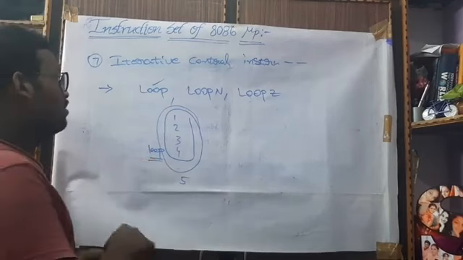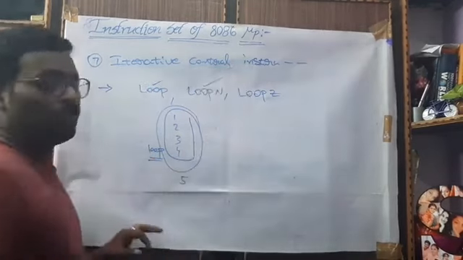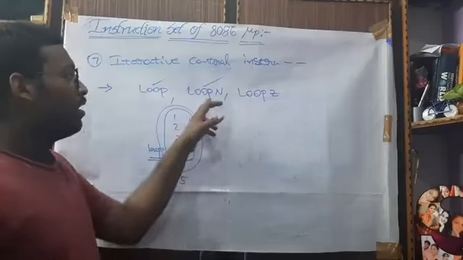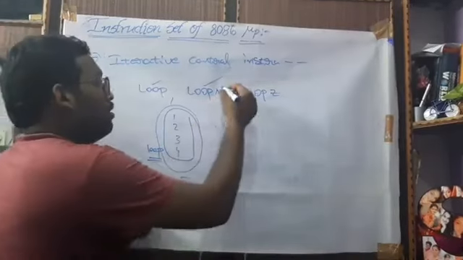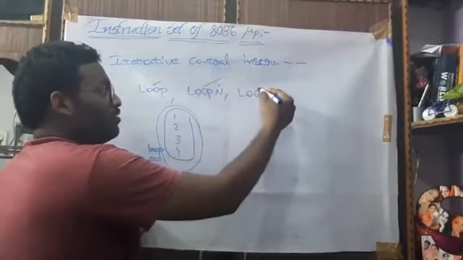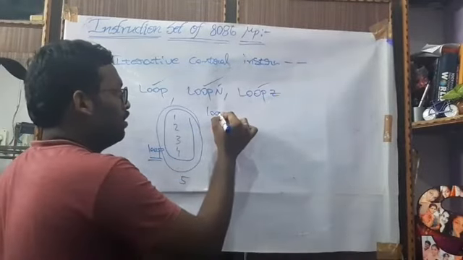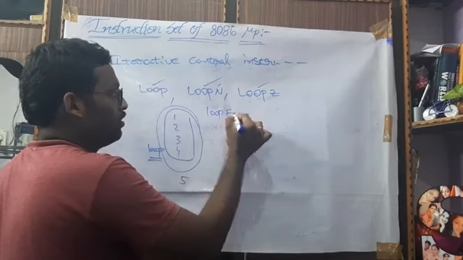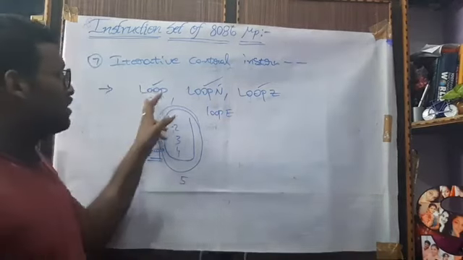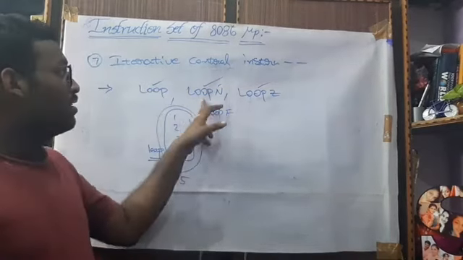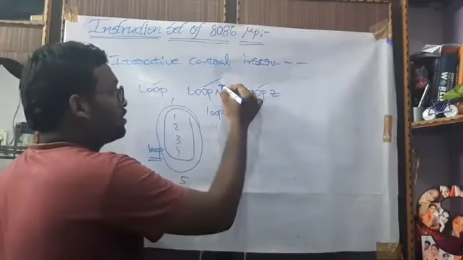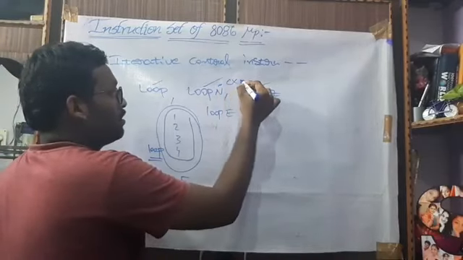Okay, there are also loop if not equal, loop if zero, and loop if equal. These are some loop instructions. This loop will happen if there is a not equal condition.